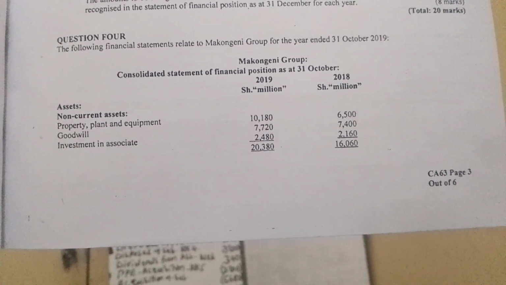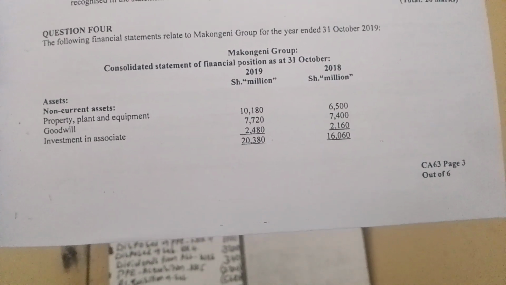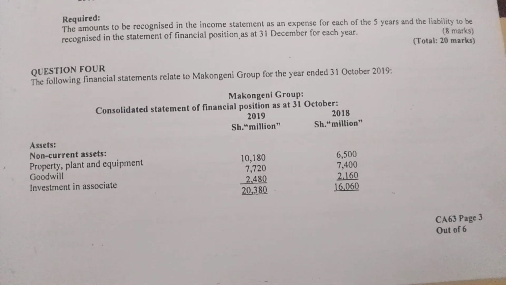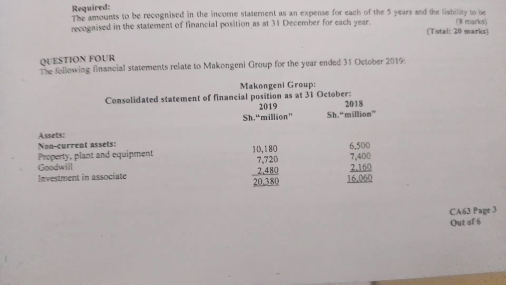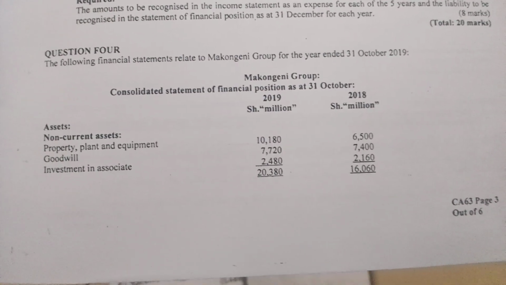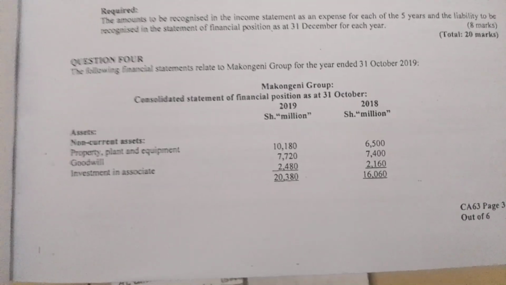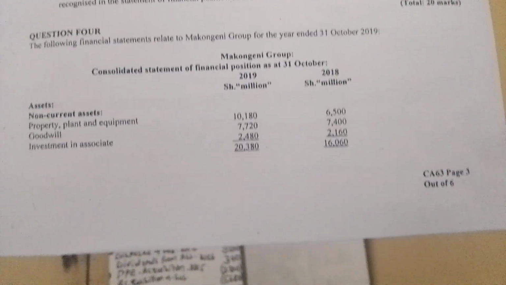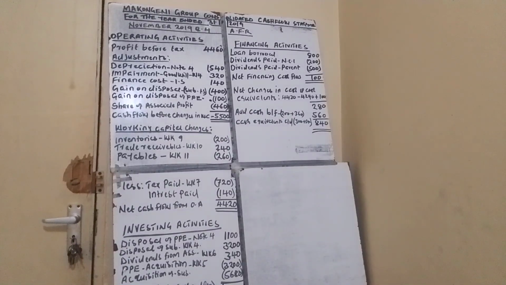The balances for 2018 will be your balance brought forward in the year 2019. That's important. Now we move to the next page, where the statement of financial position continues.